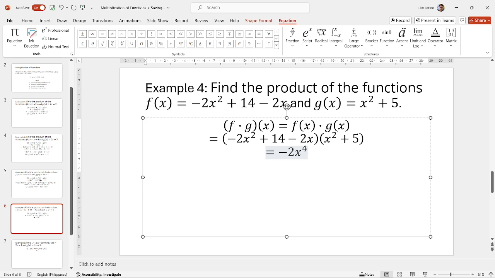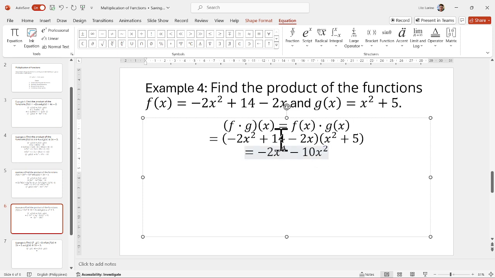Then we have plus, we can do it directly. Negative 2x squared times the second term, we have negative 2x squared times positive 5. Negative 2 times 5 is negative 10. Then copy the variable and its exponent. We have x squared.